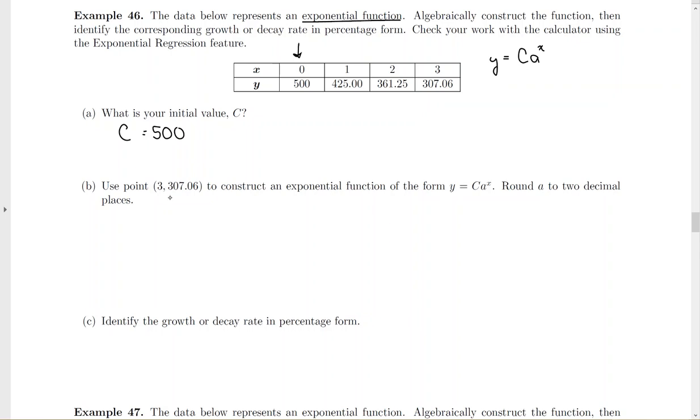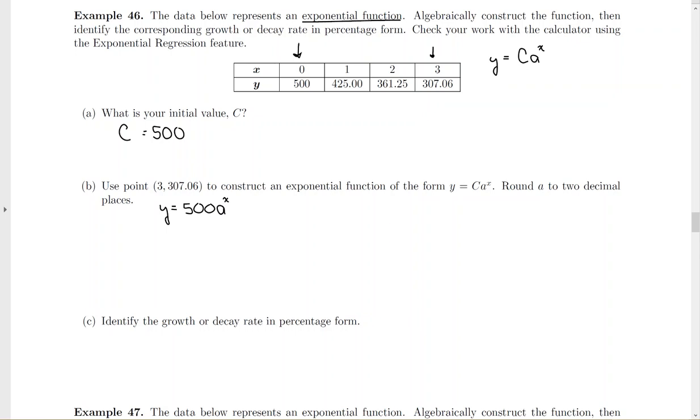And then it says use the specific point, this one here, to construct an exponential function of the form y equals c a to the x, round a to 2 decimal places. Okay, so we already know what the c value is. So we're going to plug that in, a to the x.